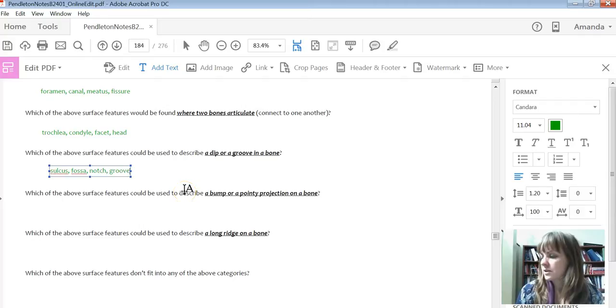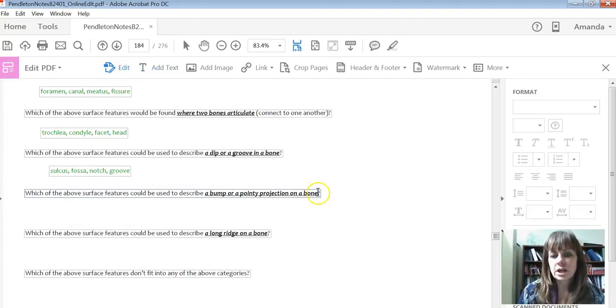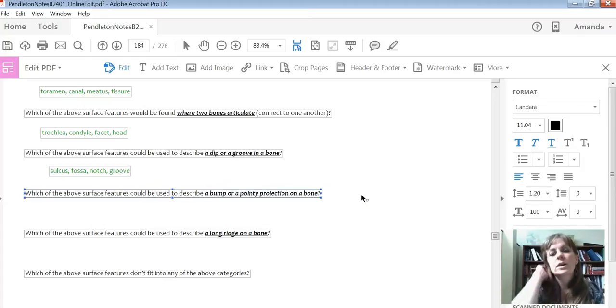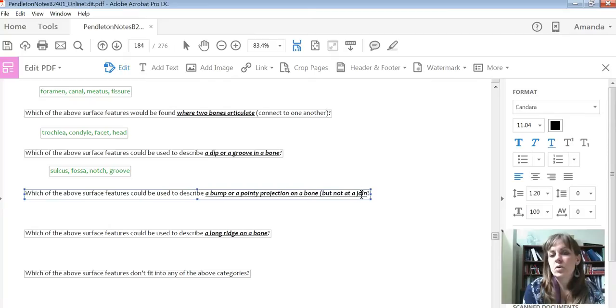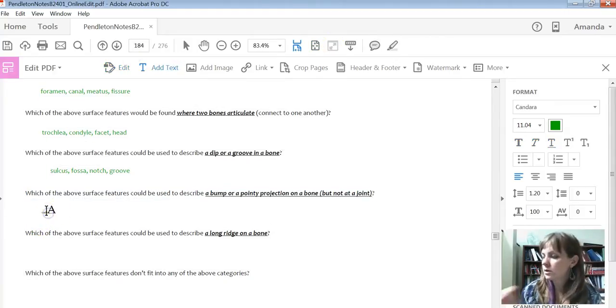Which of the above surface features could be used to describe a bump or a pointy projection on a bone? I would suggest changing this to a bump or a pointy projection on a bone, but not at a joint, which is where two bones meet up. There are actually quite a lot: epicondyles, tuberosities, trochanters, process, spine, tubercles.